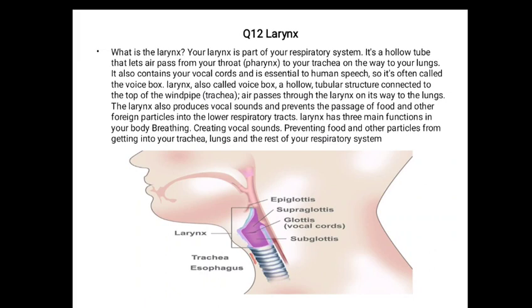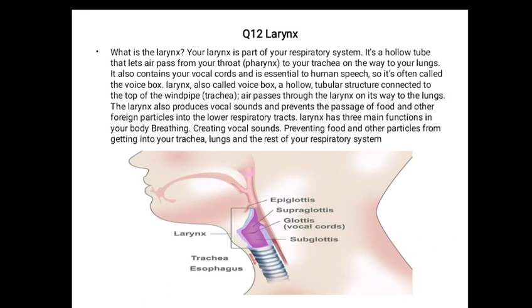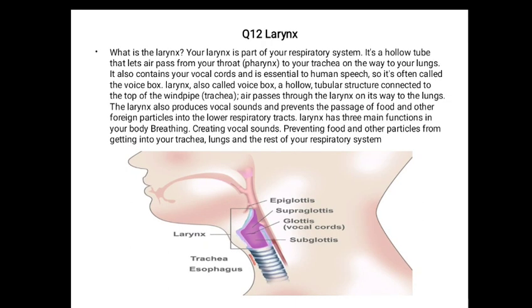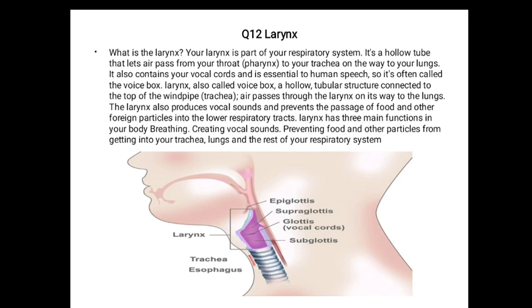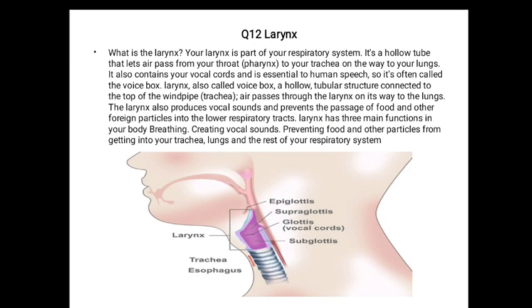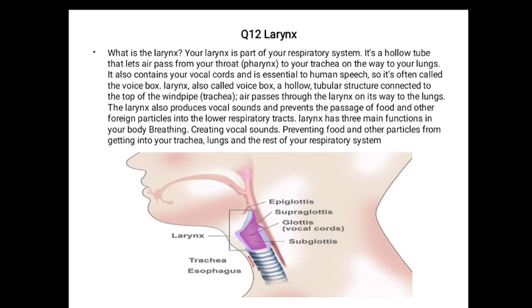Question number 12. Larynx. Our larynx is a part of our respiratory system. It is a hollow tube that lets air pass from our throat to our trachea on the way to our lungs.